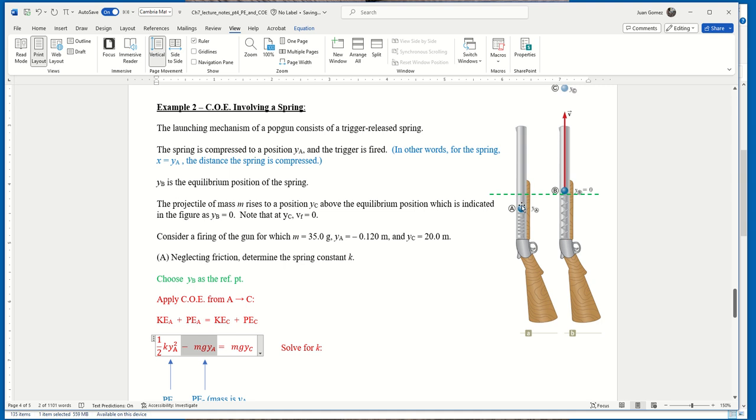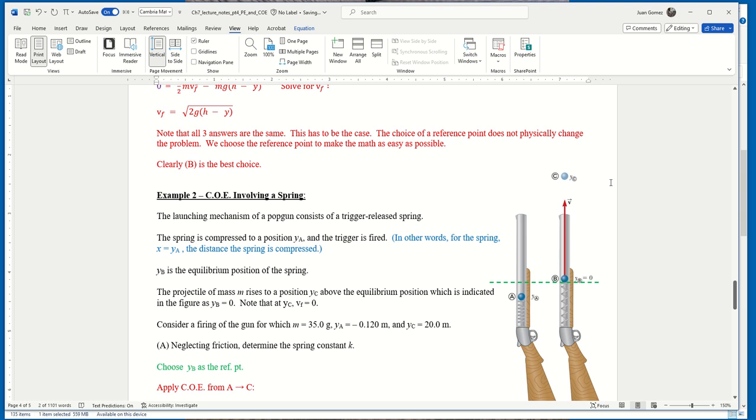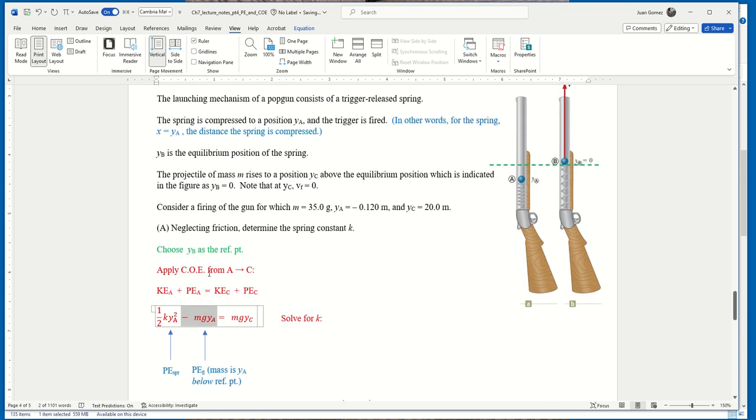The ball is now a distance of YA below our reference point, so hence the negative, and then mgYA. Then at C, the ball is not moving, and the potential energy is simply positive. It's at a height of YC above the reference point.